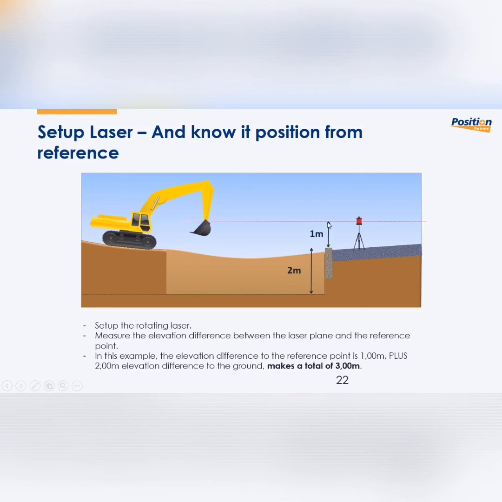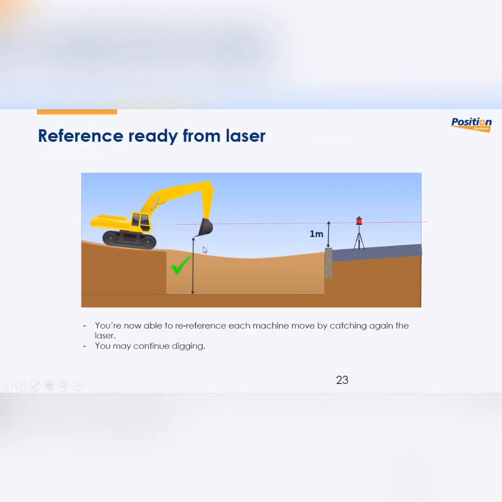With laser, we set up a laser nearby, and then with the hand receiver, we check how many meters the laser beam is above the reference level, and then we add that value to the amount that we want to excavate. This amount we use to set on the screen. After we set it on the screen, we need to catch the laser beam with the laser catcher, the combined angle sensor plus laser catcher on the dipper.